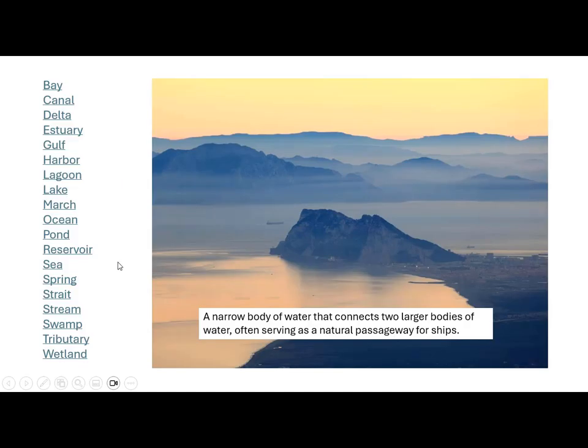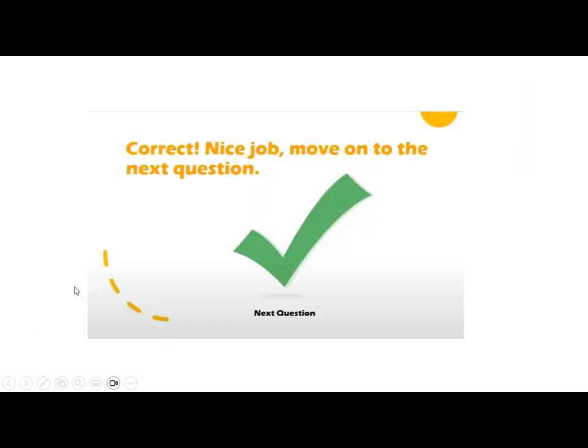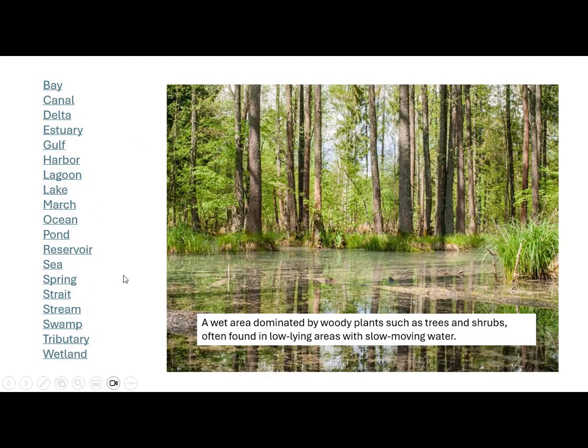And this is a narrow body of water that connects two large bodies. It may be difficult, but it is strait. Then at this particular thing, we can use here stream, correct. And this one is a wet area dominated by woody plants. Therefore, we look at the choices here.